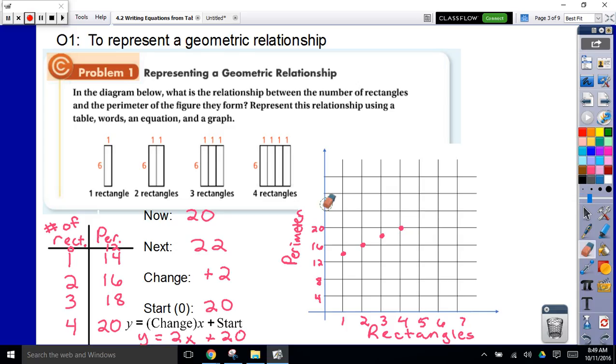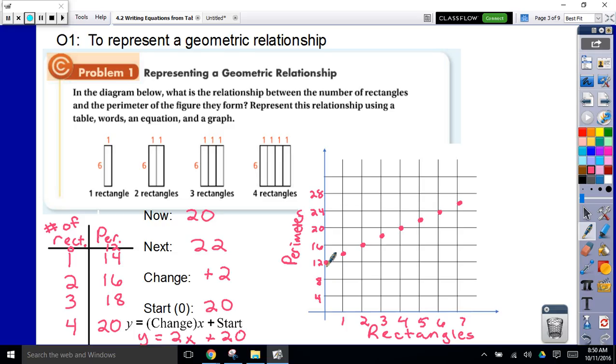It should be 24 and 28. Okay, so my next one would be 22, my next one's going to be 24, next one's going to be 26, and so on. If I were to draw a line through here, which I'm not going to do because I can't have half of a rectangle, I can only have whole rectangles, but if I were to draw a line, I'm going to end up crossing right at 12.